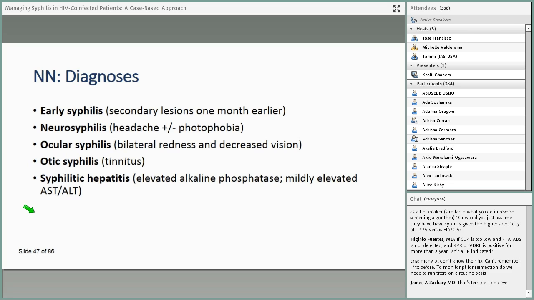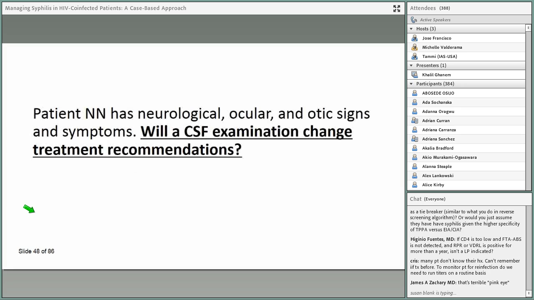At that point, somebody said, let's get her to see ophthalmology. Ophthalmology saw the patient and diagnosed her with anterior uveitis. Her laboratory tests again showed an elevated alkaline phosphatase, AST/ALT slightly elevated. Now you know what that is. And then she had an RPR that was 1 to 64 and a reactive treponemal test.